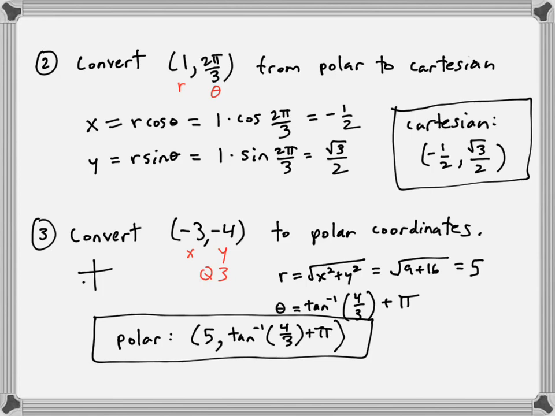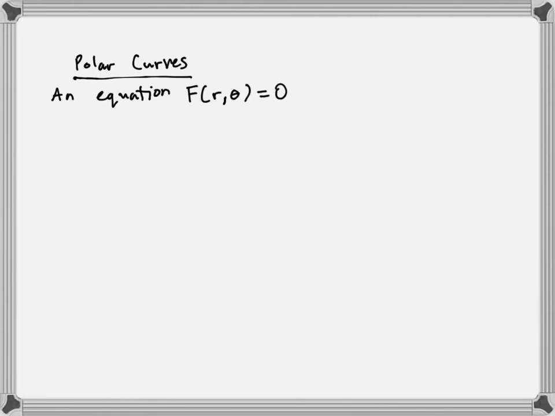So now that we understand the basics of the points, let's go a little bit further and talk about polar curves. Okay? So an equation f of r theta is equal to 0, we call this a polar equation.